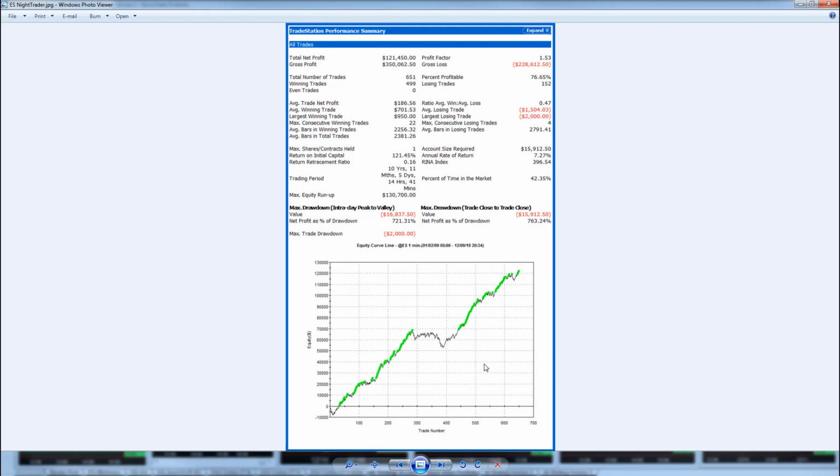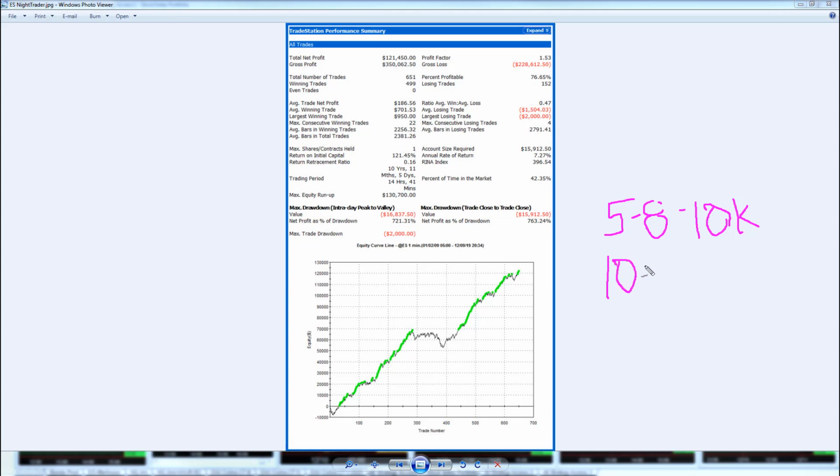Here is Night Trader, and you see that most day trade algorithms have between 5 to 8 and even 10K in drawdown. If they don't, they eventually will. And overnight strategies have between 10 and 20K drawdowns. So how do you put these in a portfolio?